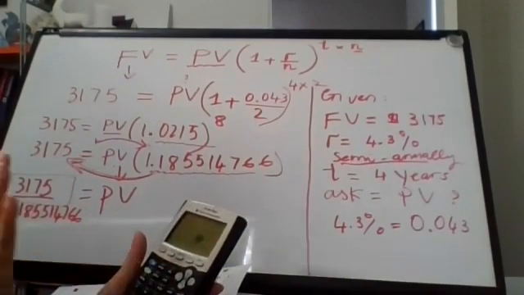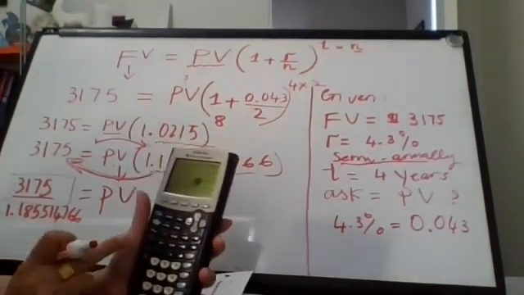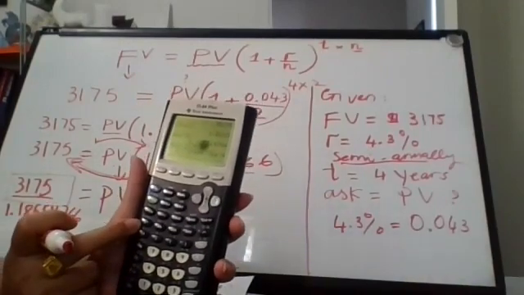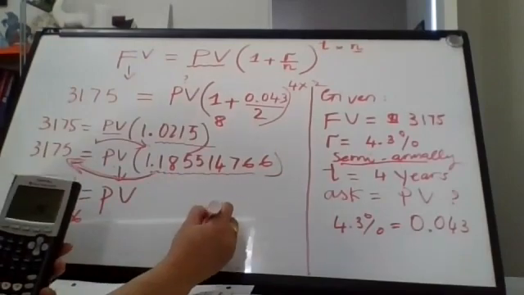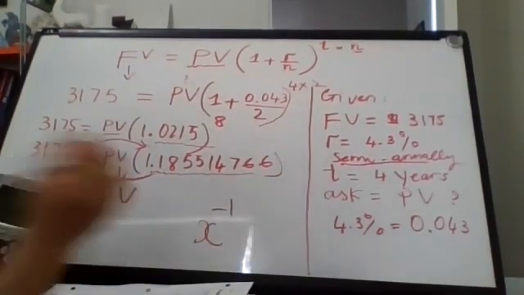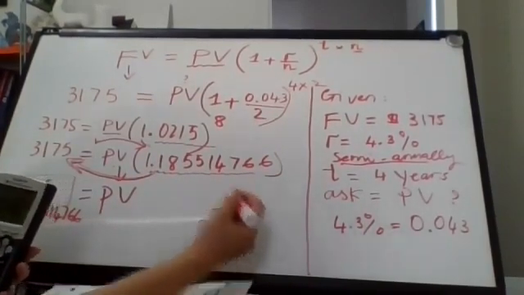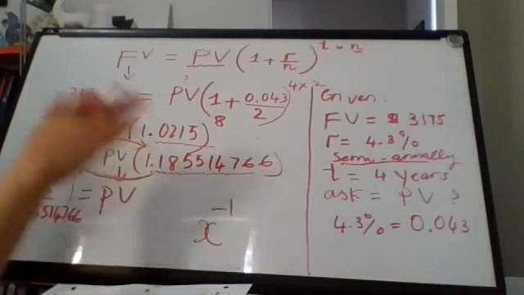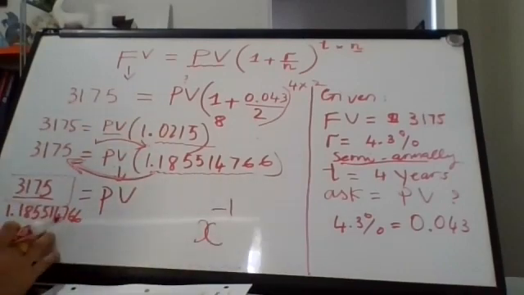So therefore, to undo your mistake, you have to hit the revert button on your calculator, which is the X with the -1 on top. That tells you to reverse your operation. Instead of 1.1855 divided by 3175, you do 3175 divided by this.